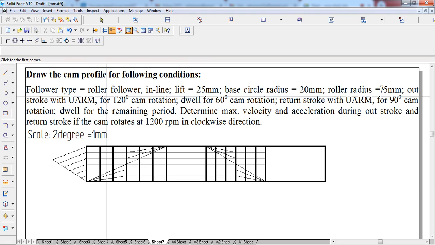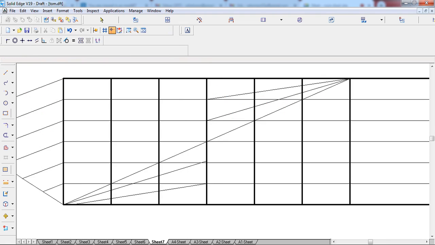I'll just zoom with this and again draw the curve. So from this one, this intersection, this intersection, then this intersection, and then this intersection.